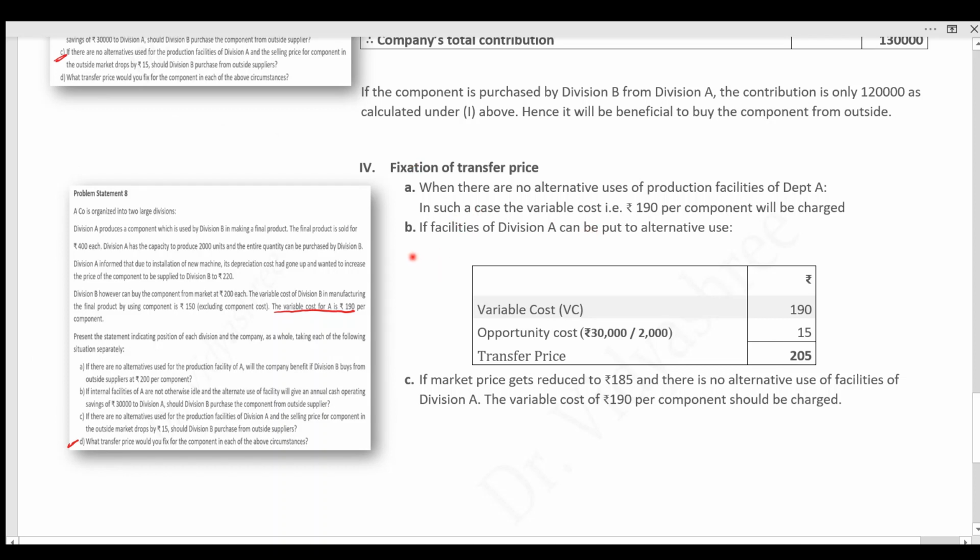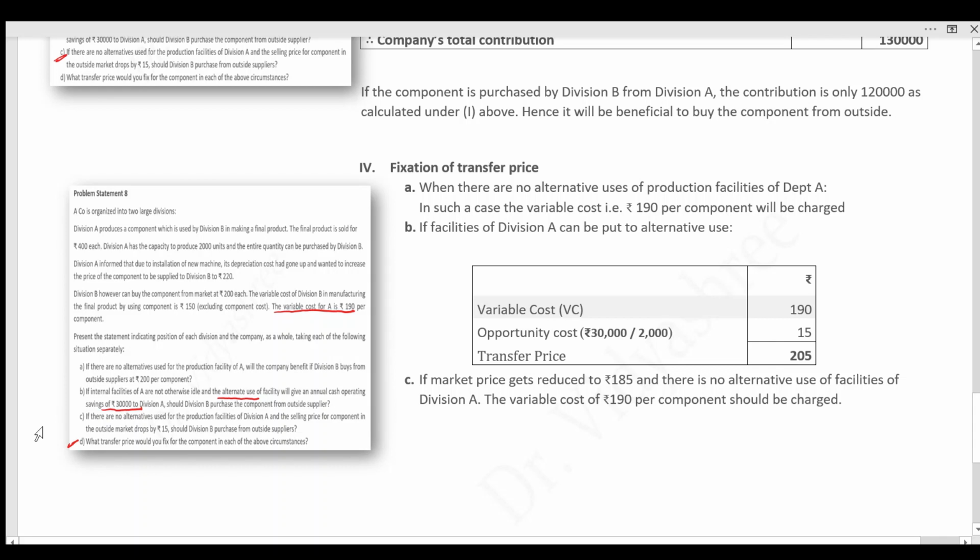Next, let's come to the second situation. In the second situation, alternative use is given. You can observe here in the question, alternative use is given. So let's see the transfer price. As we know the formula to calculate, that is variable cost plus opportunity cost. Variable cost again remains the same, 190. Opportunity cost, you can observe here in the left hand side of the question, observe very carefully. Since the alternative use is there, the operating cost savings is rupees 30,000.